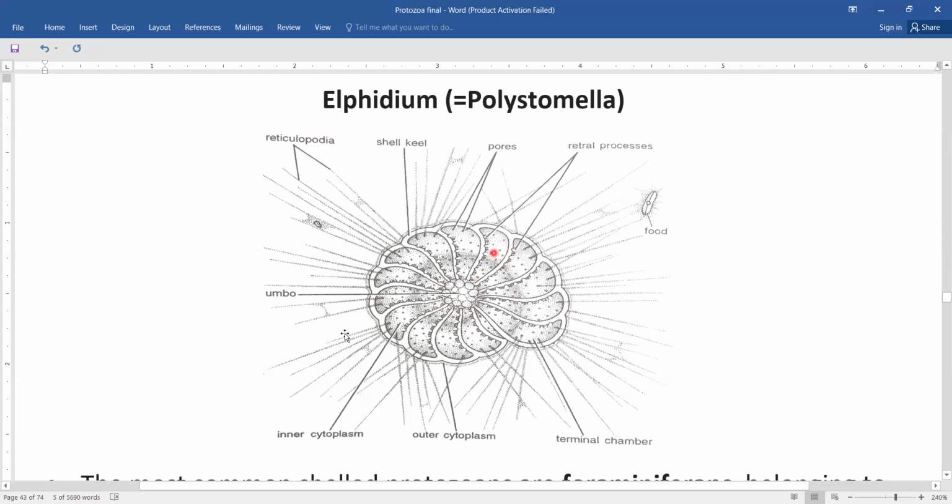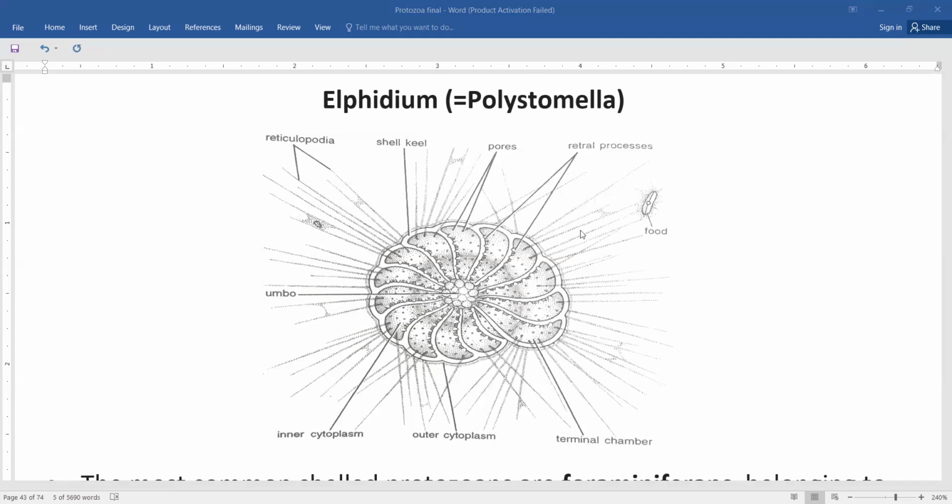At the edge of the concave surface, there are some elevated structures with cytoplasm. They are called retinal processes. They also contain pores from which the cytoplasm comes out, and each chamber is interconnected with these pores.